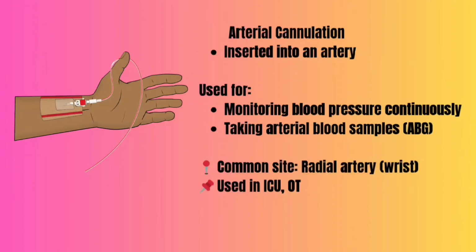This cannulation is used for continuously monitoring blood pressure in patients with septic shock, cardiogenic shock, hypotension, and patients on a mechanical ventilator, to monitor oxygenation, for ABG, taking arterial blood samples, for major surgery and trauma patients. The most common site is the radial artery at the wrist, used in ICU and OT.